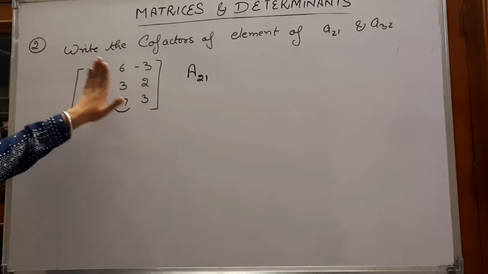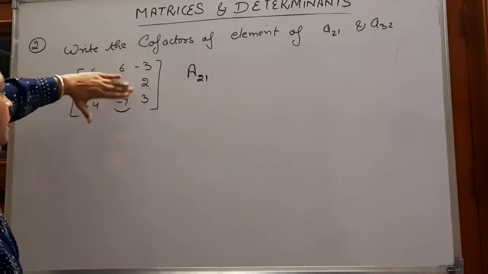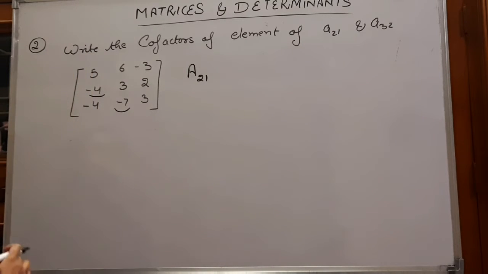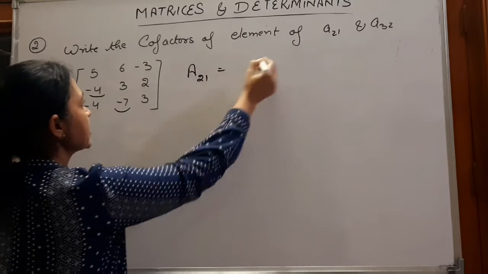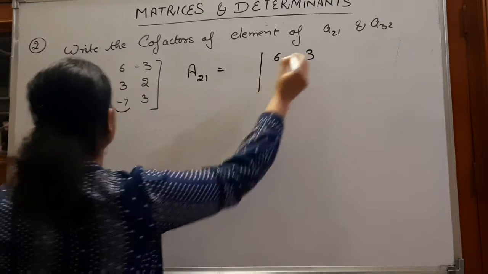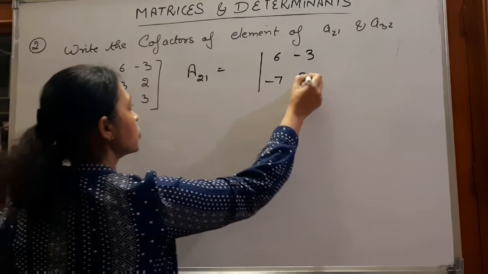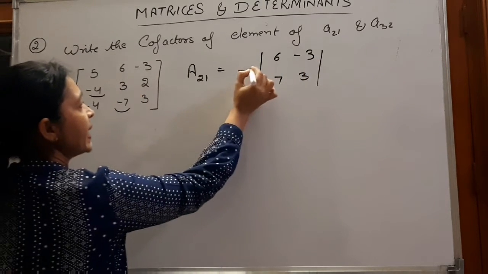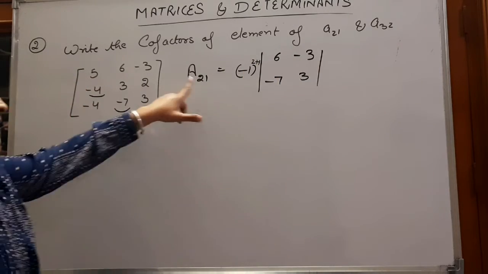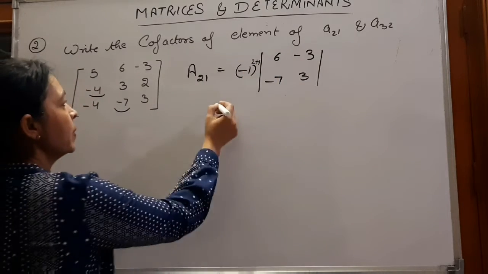Now, what we will do? We will leave this column and this row, second row and first column. What is left with us? 6, minus 3 and minus 7, 3, and we will take minus 1 to the power 2 plus 1, second row, first column.